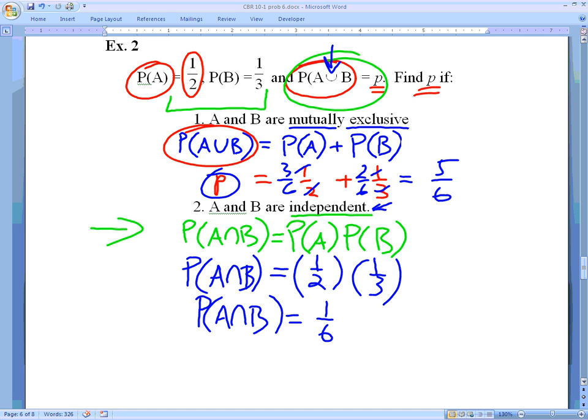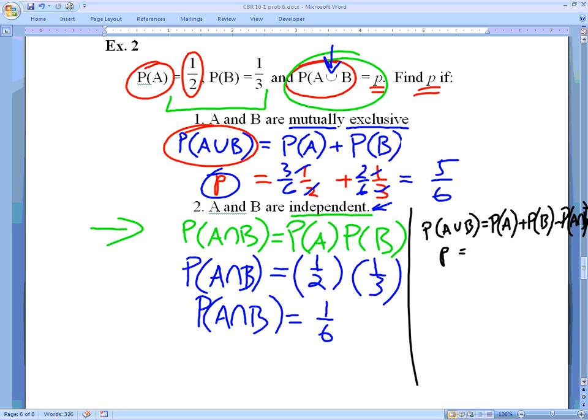So now let's try our combined events formula, which says the probability of A or B is equal to the probability of A plus the probability of B minus the probability of A and B. Well, A or B is what we're trying to find. That's little p.